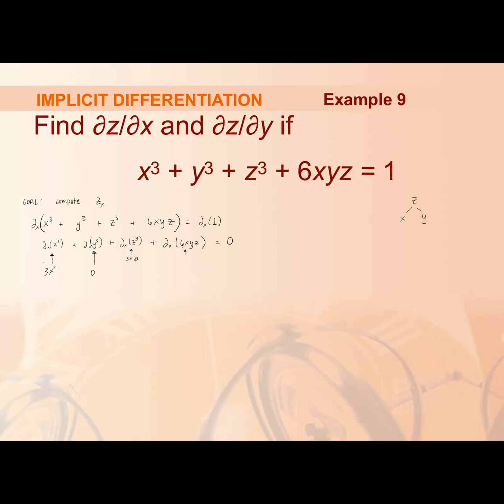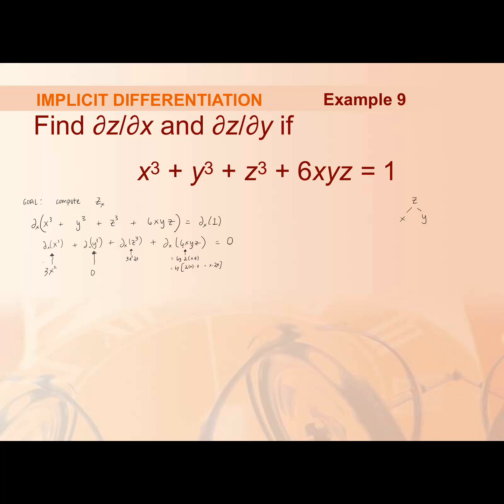So this is going to be equal to 6y times the partial of x times z. And now I need to use the product rule because z depends on x. So I'll get the partial of x with respect to x times z plus x times the partial of z with respect to x, and all of this is being multiplied by 6y.